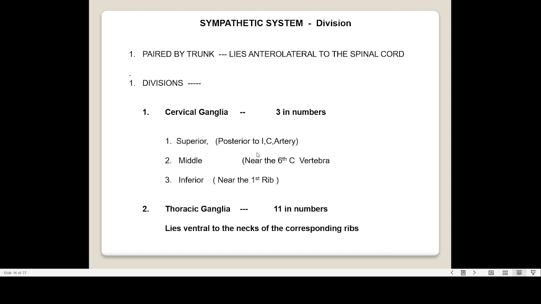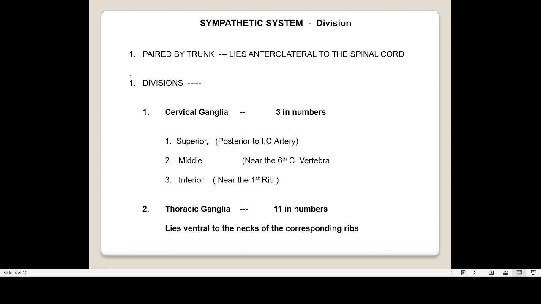The superior is posterior to the internal carotid artery, the middle is near the 6th cervical vertebra, and the inferior is near the first rib. Then there are 11 thoracic ganglia, which lie ventral to the necks of the corresponding ribs.